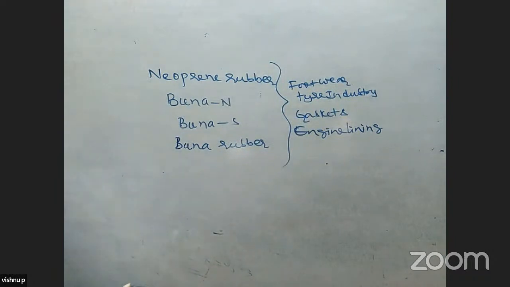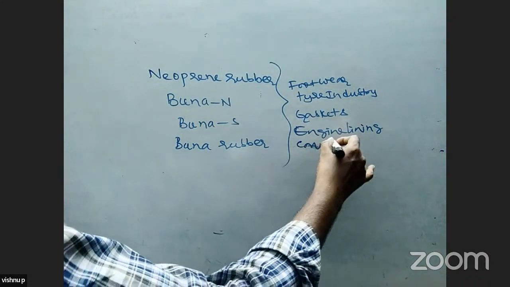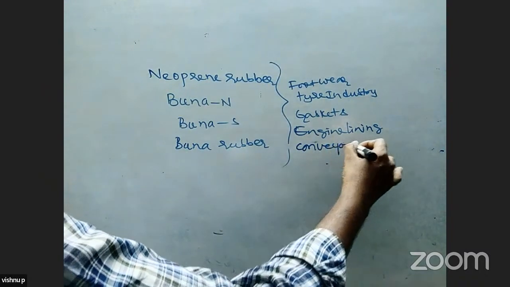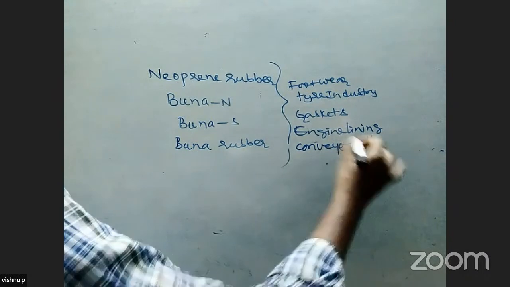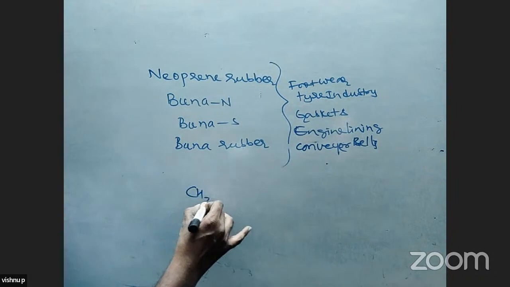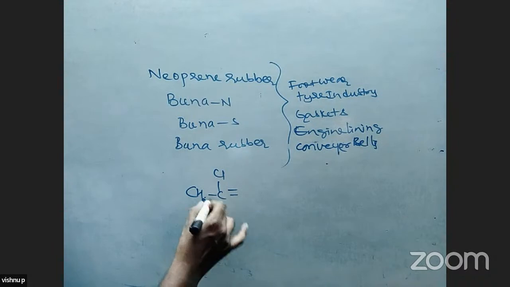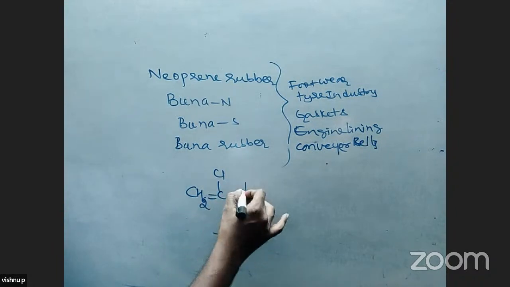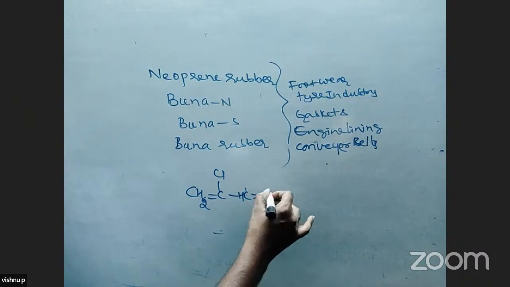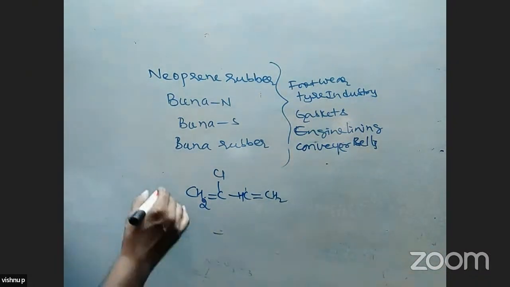Conveyor belts also use synthetic rubbers. What is neoprene rubber? 2-chloro-1,3-butadiene is the monomer unit of neoprene rubber.